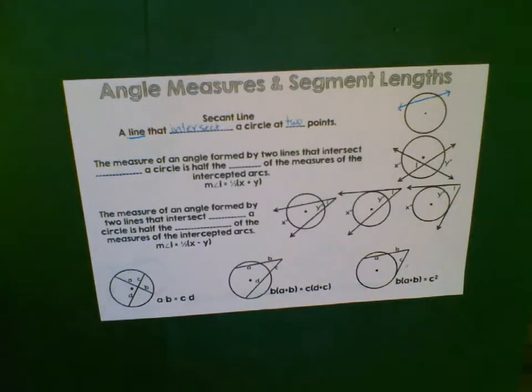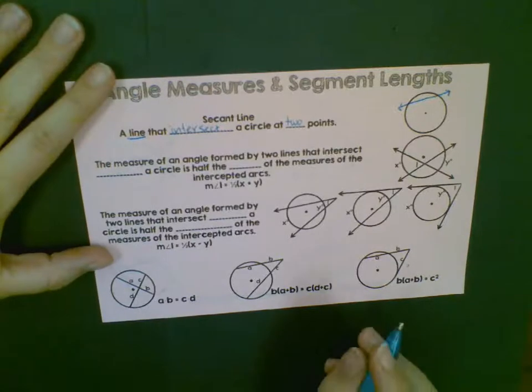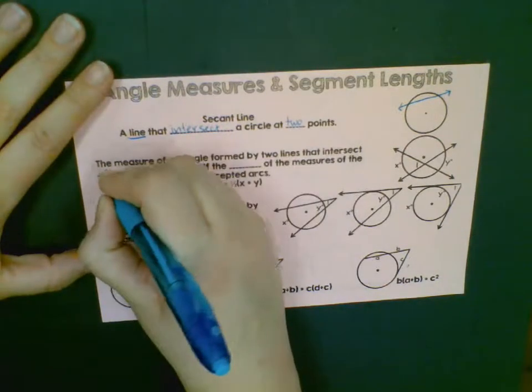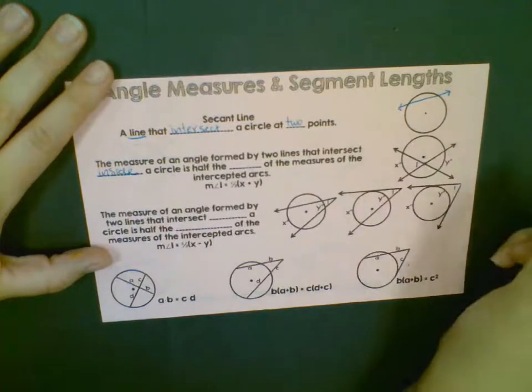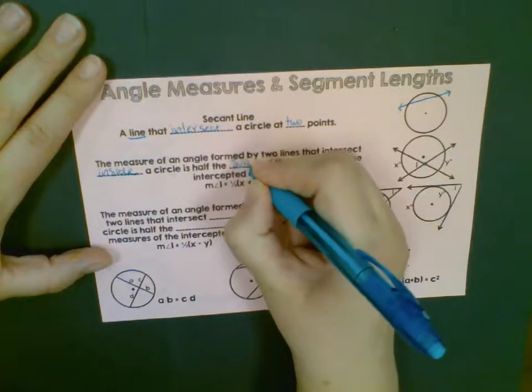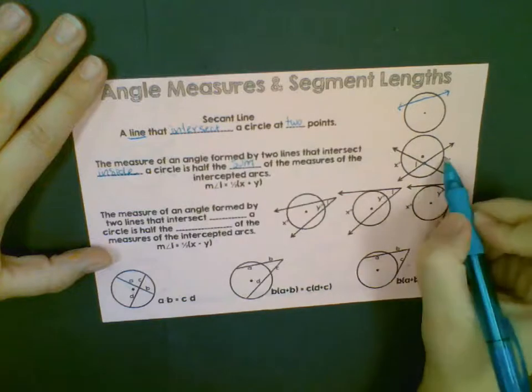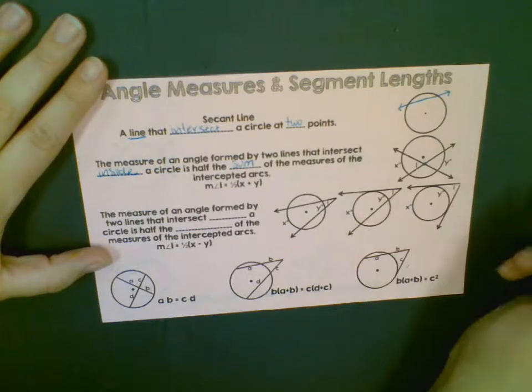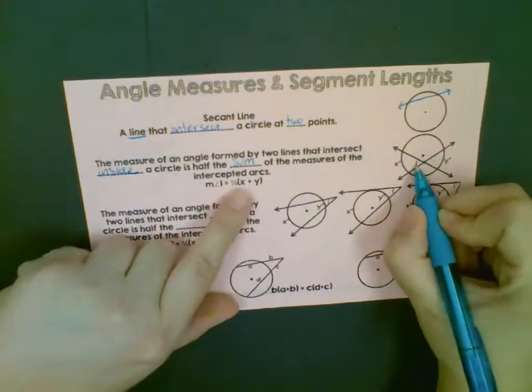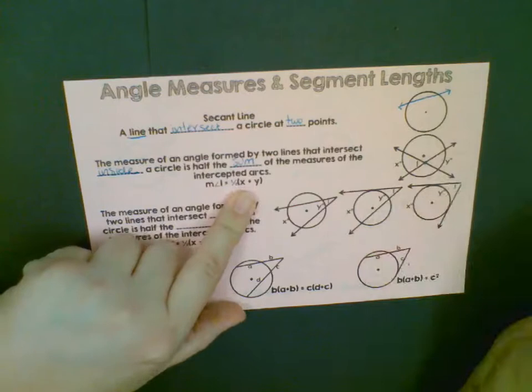So it says that the measure of an angle formed by two lines that intersect inside the circle, so you see how they meet inside the circle, is half the sum of the intercepted arcs. So the measure of angle 1 is half of x plus y.